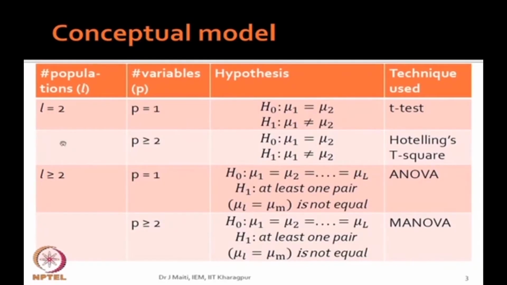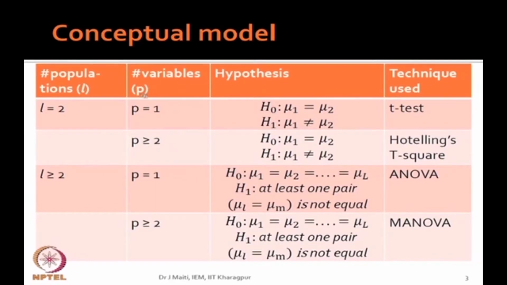You see this slide. Last class I have shown you that when L equal to 2, where L stands for the number of populations, and p is 1, then we have used the t test, that is the difference between two population means, described as H0: mu 1 equal to mu 2 and H1: mu 1 not equal to mu 2.